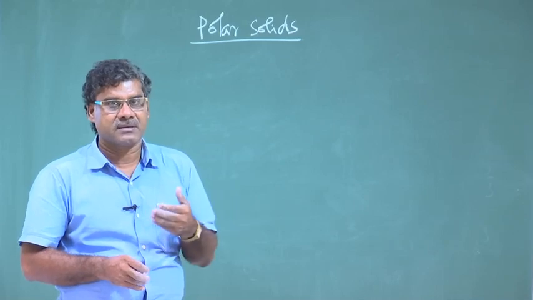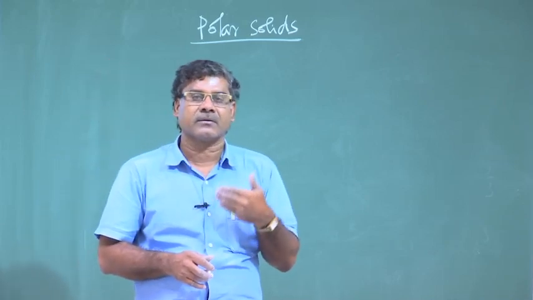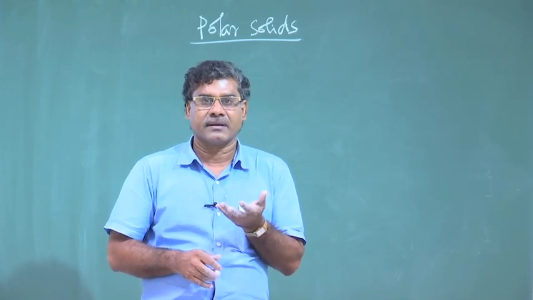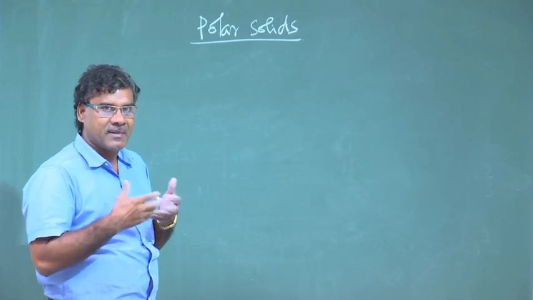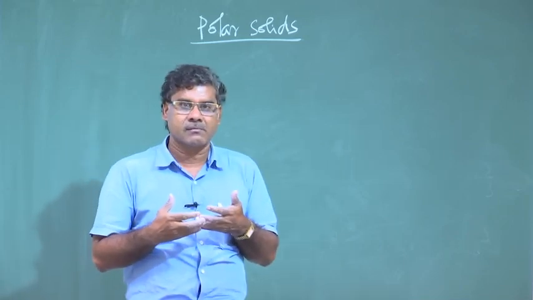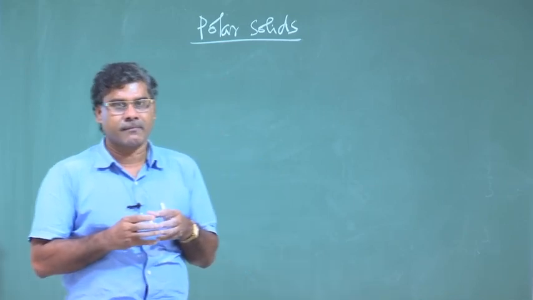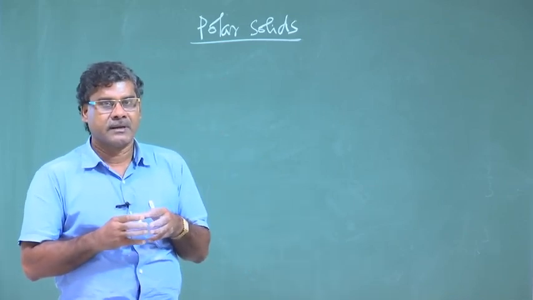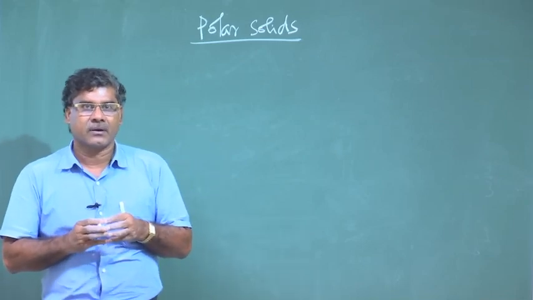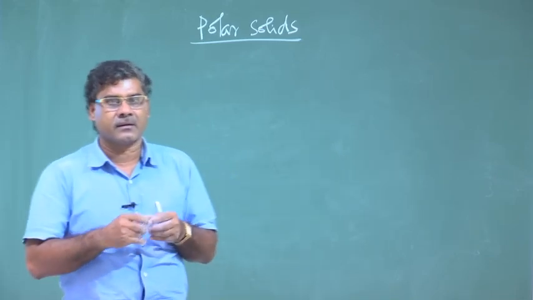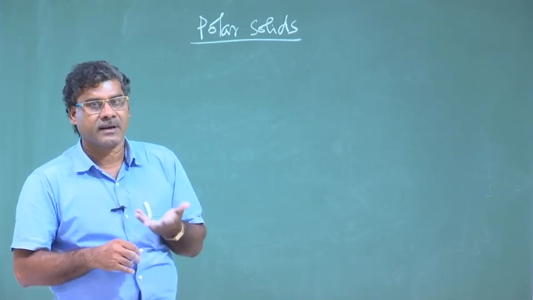Magnetic material is paramagnetic or ferromagnetic or antiferromagnetic. Whatever the magnetic material having permanent dipole moment, not induced dipole moment, they show different kinds of magnetic properties: ferromagnetic, antiferromagnetic, etc.